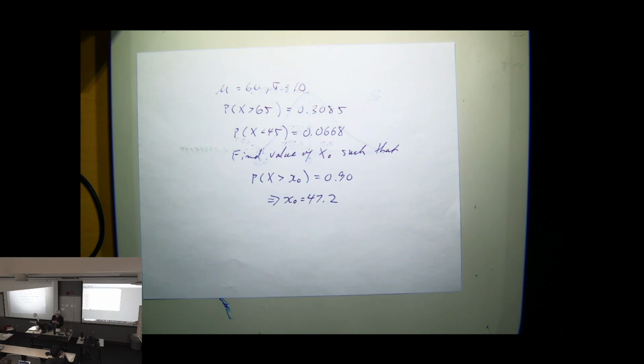Okay, so we did a bunch of P norms, Q norms. Let's take a look at some R norms. R norms. What's an R norm? One thing I like to think about is, mean of 60, standard deviation of 10.